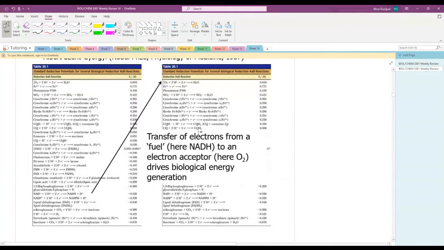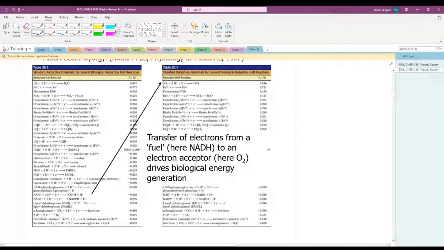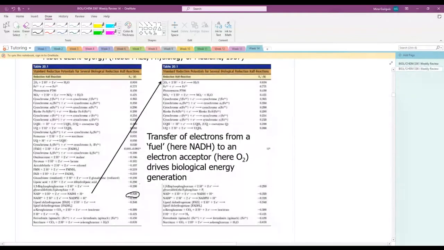So if we notice here, the transfer of electrons from NADH to O2, I keep trying to say OH, I apologize, is what drives biological energy. And here's why. NADH and NADPH both have reduction potentials of negative 0.32. Oxygen has a reduction potential of 0.8.